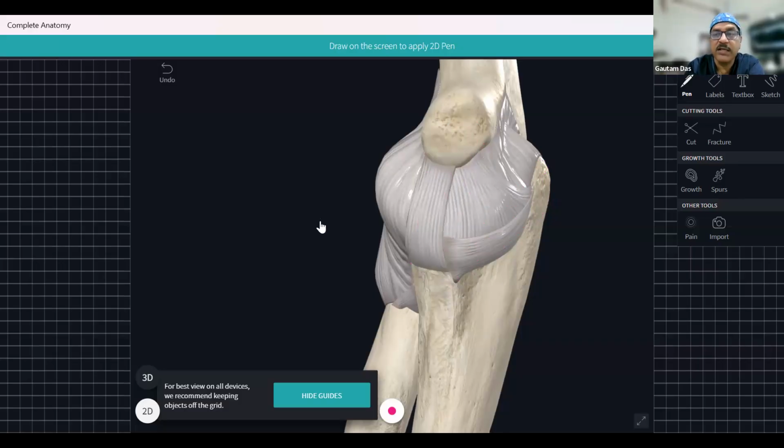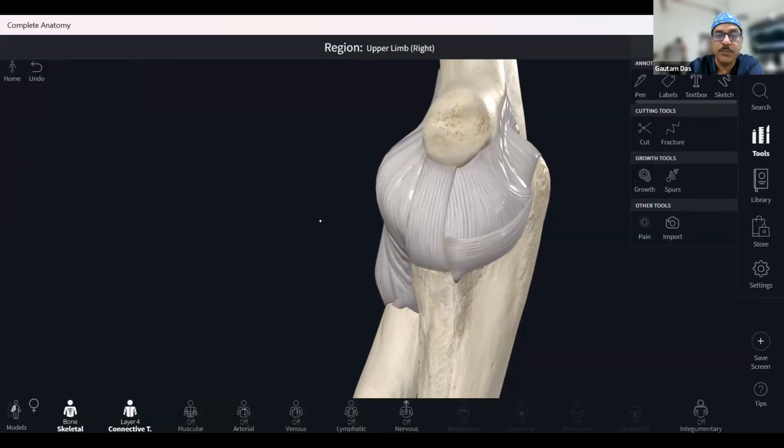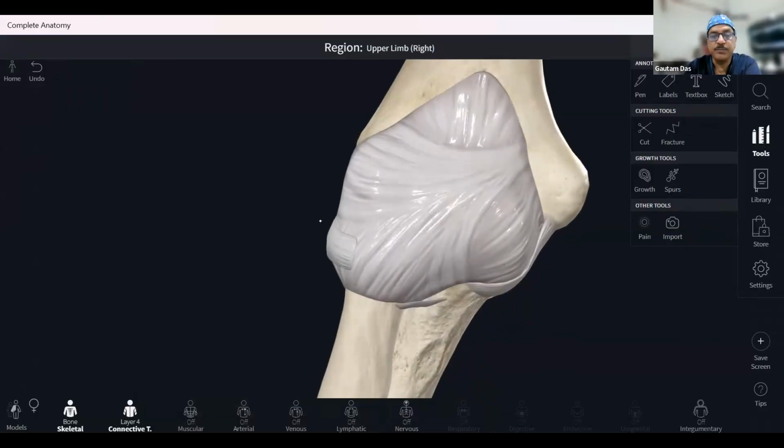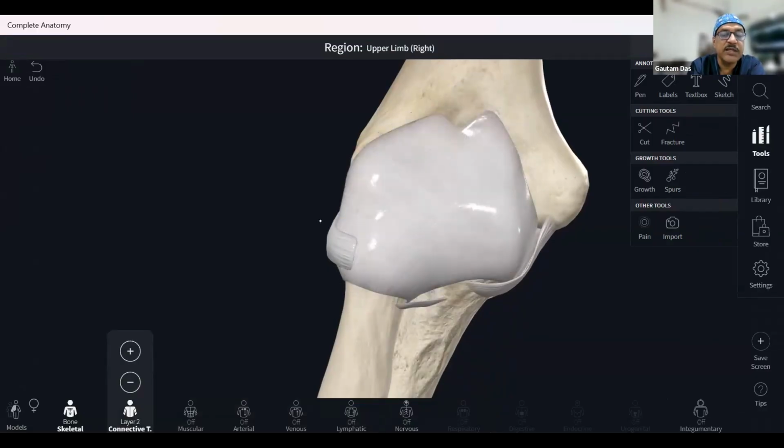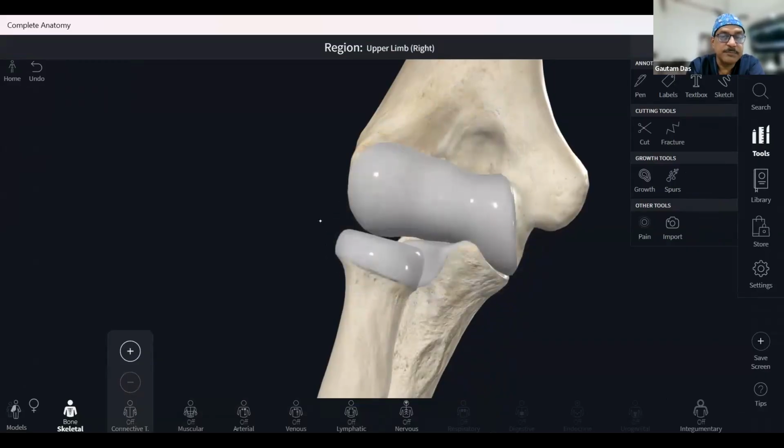The medial and the lateral ligamental complex are very important, and many times we get problems with them. Let me remove some of this, and that is covered by the joint capsule. The joint capsule and these ligaments are reinforced in some areas, and that forms the different ligamental complexes. The lateral ligament complex has 3 bands: the radial collateral ligament, annular ligament, and the lateral ulnar collateral ligament.